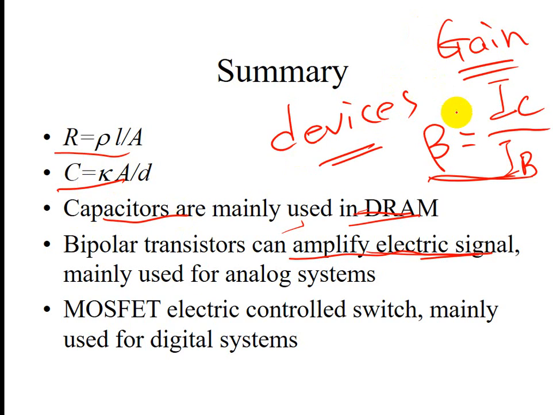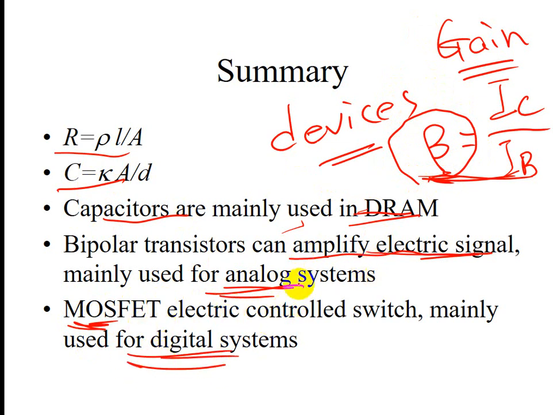And this kind of application, using the power gain and the current gain, you can use this for an analog system. But MOS is basically used for digital systems, digital logic, and both transistors can be looked at as a switch.